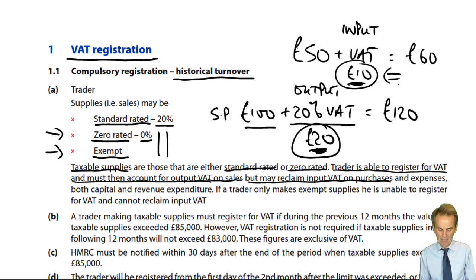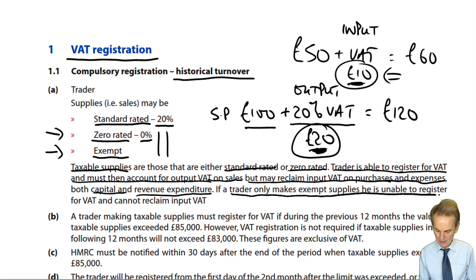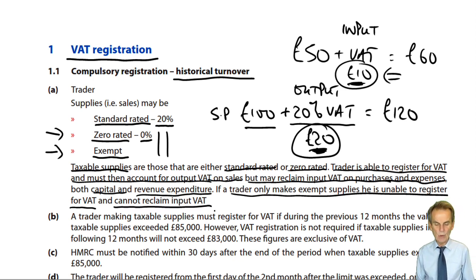Now, as we've said here, we have to be registered for VAT to account for VAT. Again, here, we may reclaim input VAT on purchases and expenses, and it doesn't matter whether it's capital or revenue expenditure that we're talking about. But if a trader only makes exempt supplies, he is unable to register for VAT, and here's the critical point, cannot reclaim input VAT.